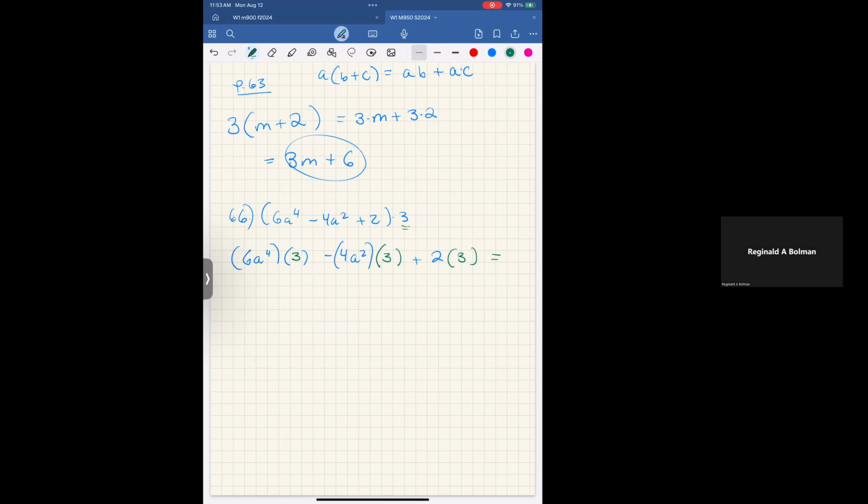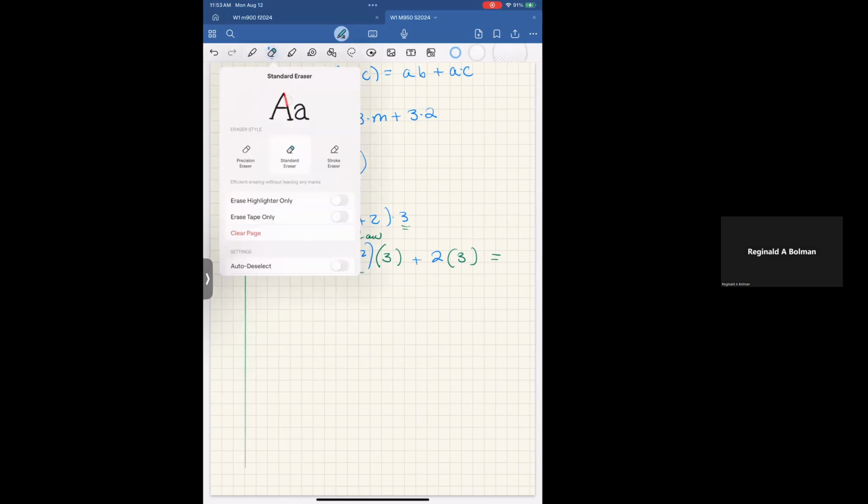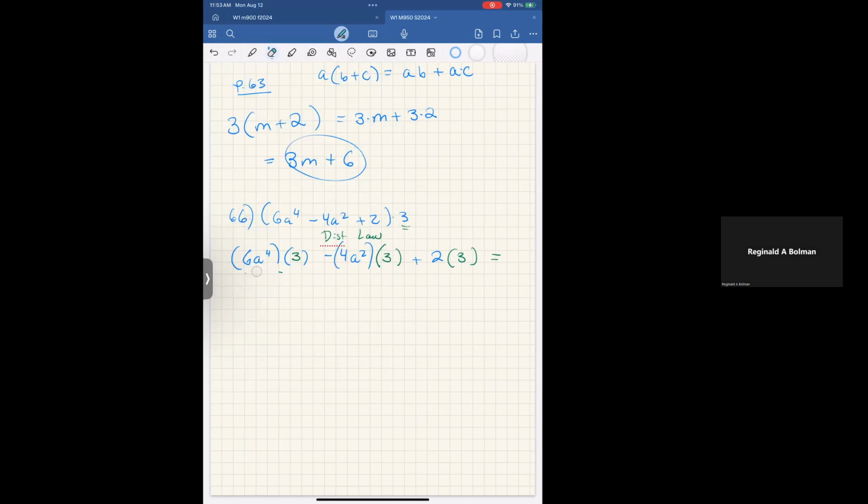So according to the associative law, so this is the distribution law, by the way. According to the associative law, you may remove the parentheses from the quantities that are all being multiplied by each other. So in this case over here, where you've got, say, the 6a to the 4th times 3, you can use the associative law to rewrite this as one single quantity, 6 times a to the 4th times 3.